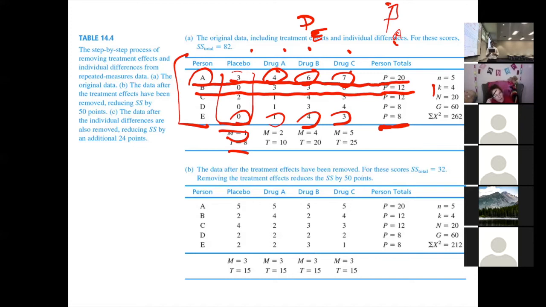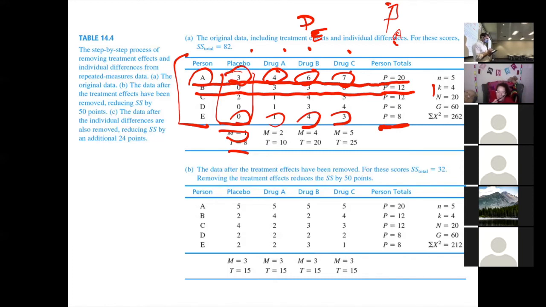Okay, so like person A is one person, and then drug A, if you were to put it in, I don't know, they took 4 pills, or they have on a scale of 1 to 10, 4 pain. Exactly. So whatever that dependent variable of interest is. So let's say person A is you, Amber, and let's say these are ratings.